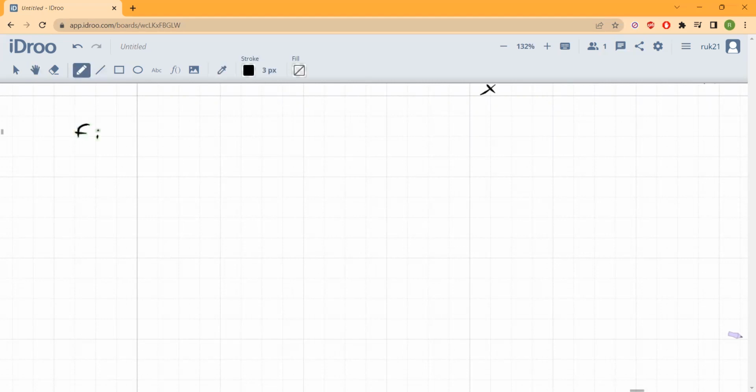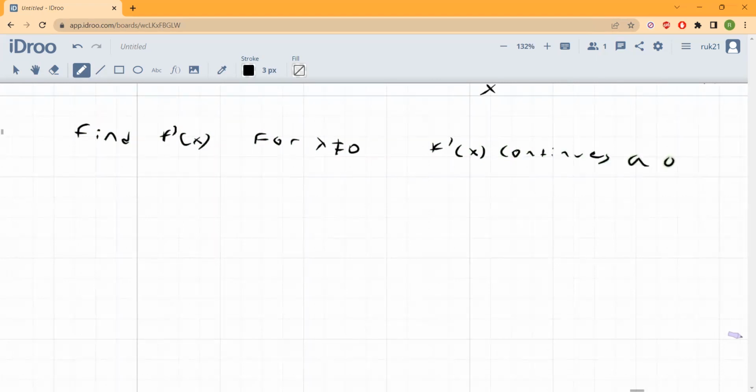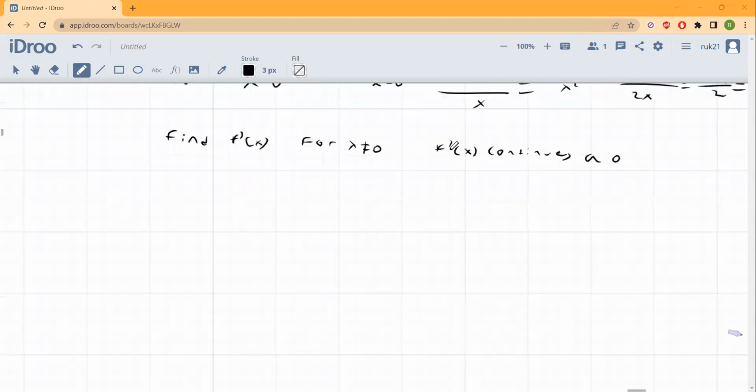We need to find f prime at x for x not equal to 0. And then we need to figure out whether f prime at x is continuous at 0. And everything looks big. There you go. Now everything should look a bit better.